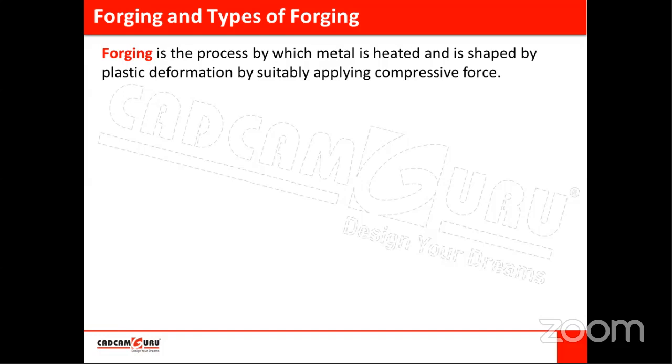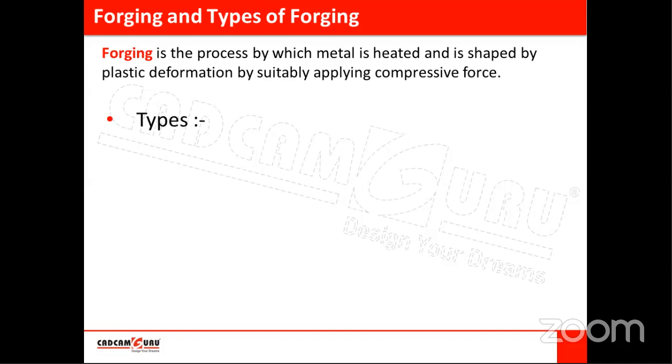He heats the component and applies a hammer on it, keeping the component on an anvil, and by plastic deformation we get the shape change. Different agriculture instruments or tools are manufactured by the lohar. So this is the definition of the forging process.